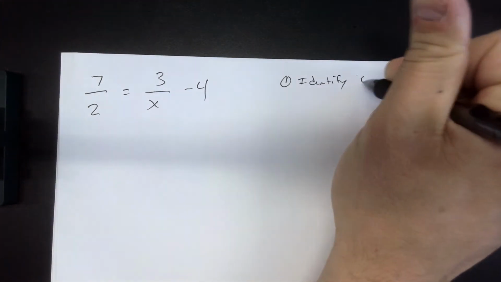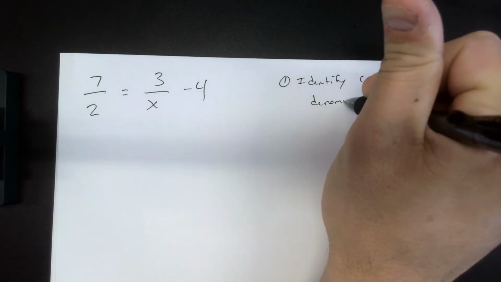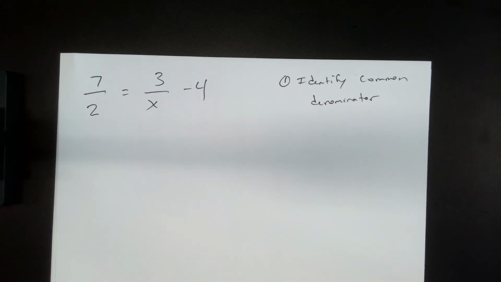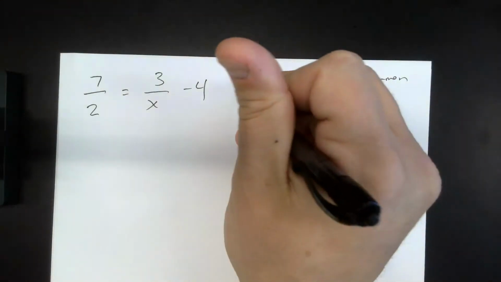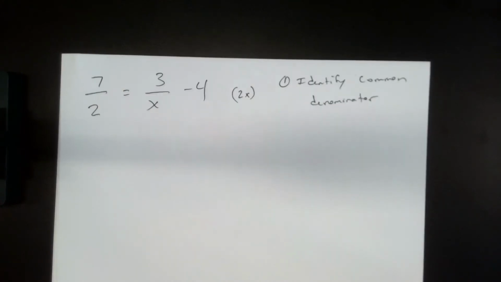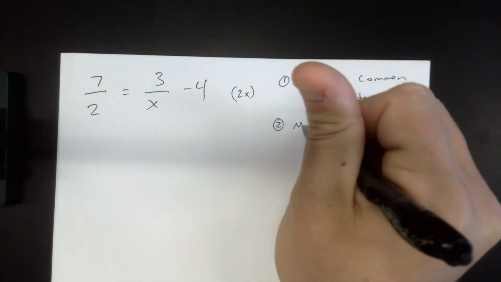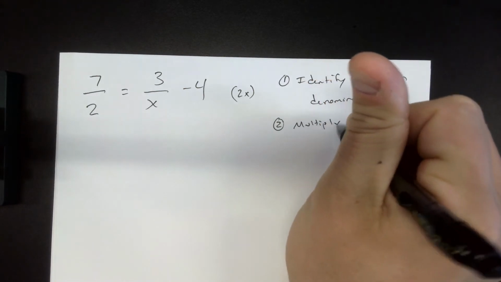identify common denominator. Now in this case right here it's 2x, right? Our common denominator is going to be 2x. Step number 2, multiply numerators by common denominator.